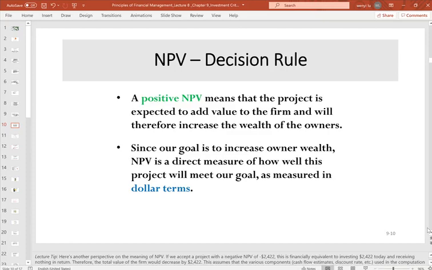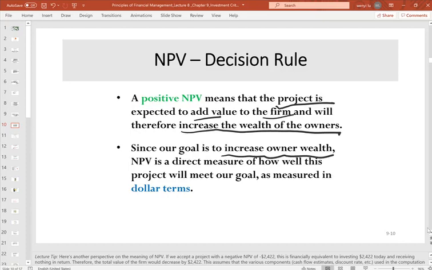What's the meaning of net present value? A positive net present value means the project can generate more value compared with the initial cost, so the firm can enjoy an increase in the wealth of the owners. Our goal for the company, especially for our agent, the management team, is to increase the common shareholders' wealth.